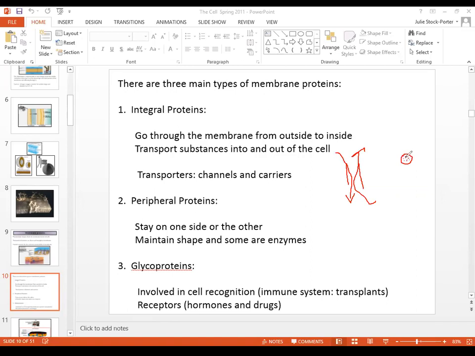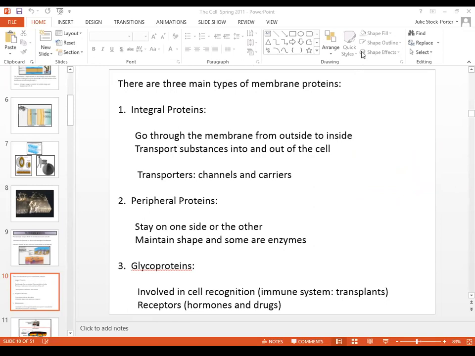These are the ones that are selectively permeable, and they will move them into the cell through the membrane and deliver them and drop them off inside the cell. So the channels allow a free flow of movement to specific molecules, mainly water, and the carriers are going to physically take things in or actually out of the cell. Okay, so they'll drop them off either in or outside of the cell.